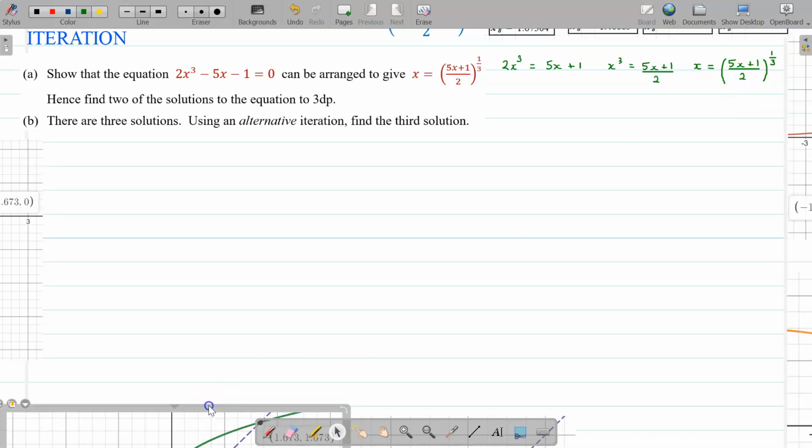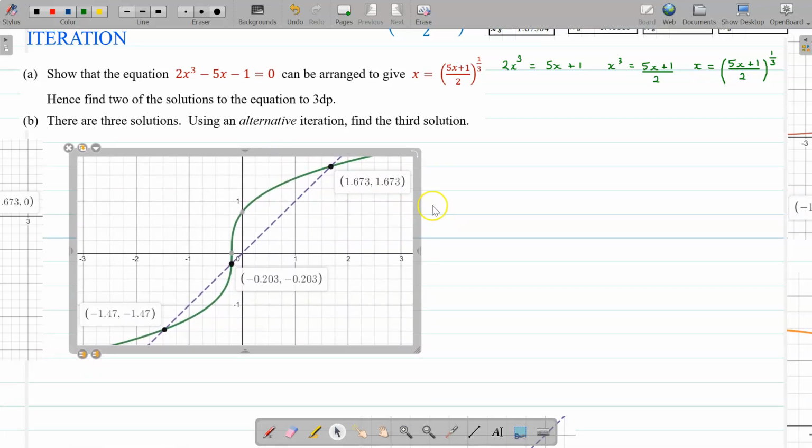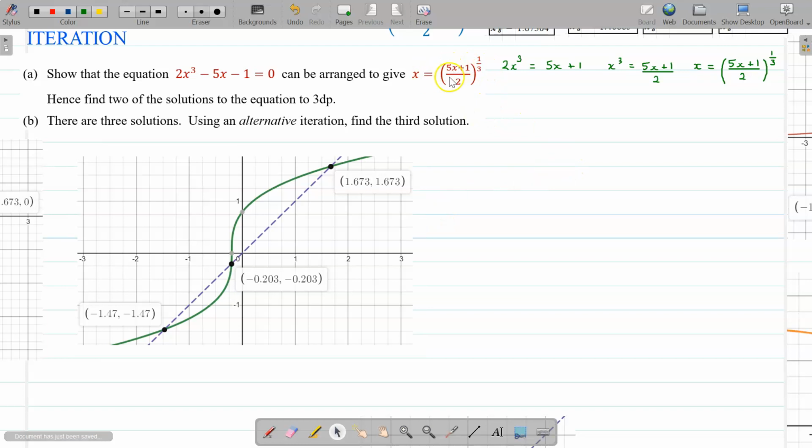And to illustrate what I mean, I've done that here. So the green line is the graph of y equals this function here, and the blue line that's dashed here is the line y equals x.